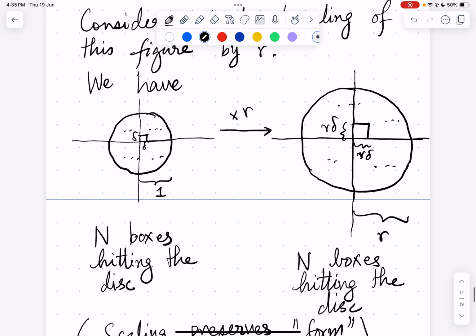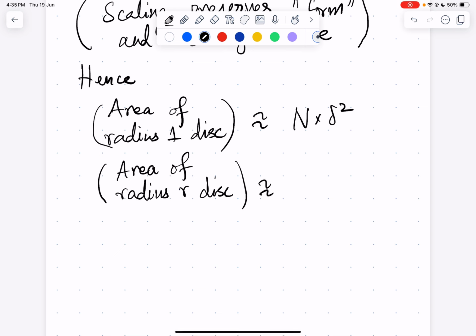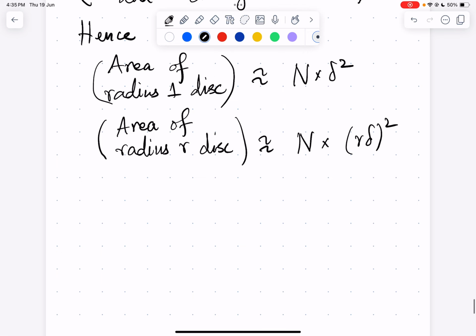The area of the scaled disk, a radius r disk, is roughly, you'll still have n, but each box is r delta squared, so this is n r square delta square.